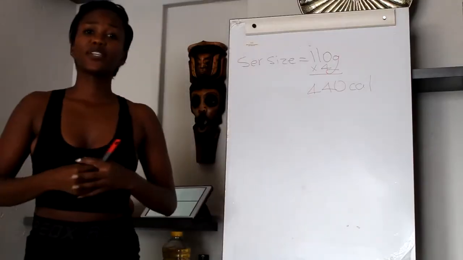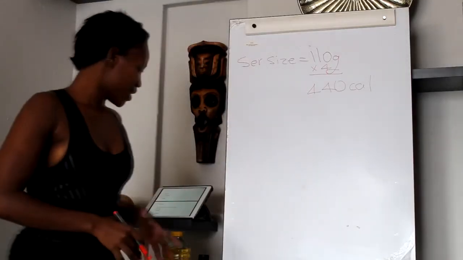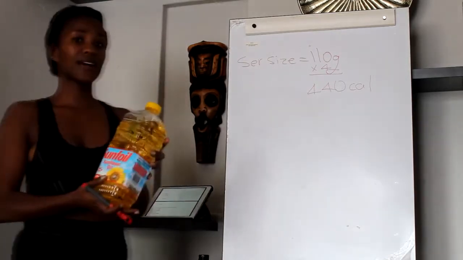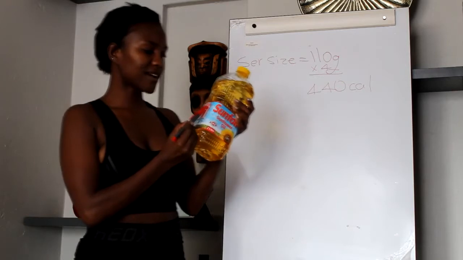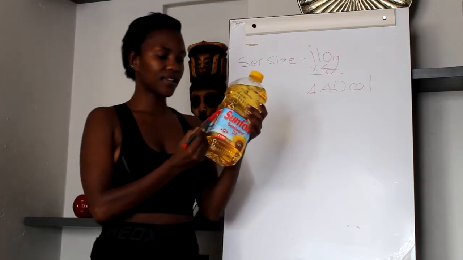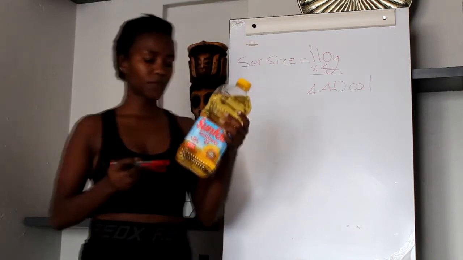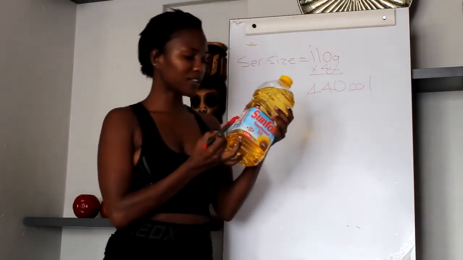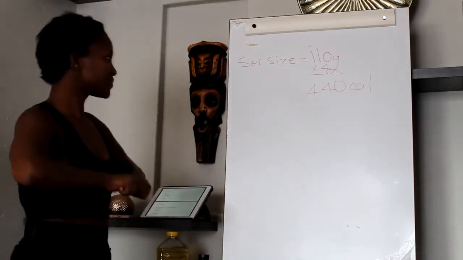The next thing that I'm going to talk about, most importantly, are the oils that we use to cook. I'll start with the normal sunflower oil. It says here that serving size is 20 mils. 20 mils is around 2 tablespoons. And here it says total fat is 18.3 grams.